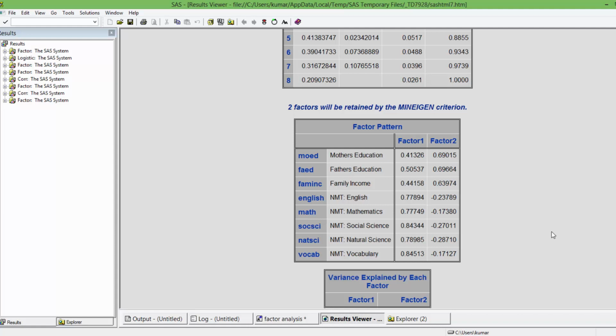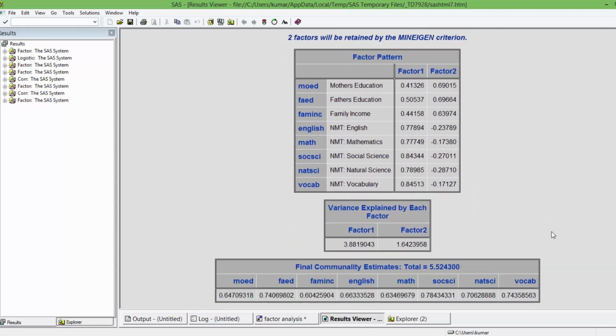Let's go to the box factor pattern. You can see there is factor 1 and factor 2. Automatically we have two factors in place, directly given from the algorithm.